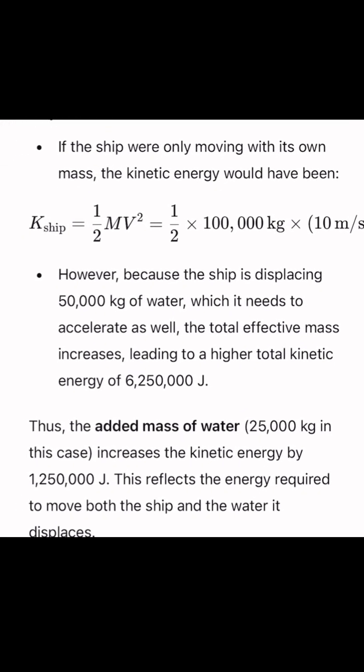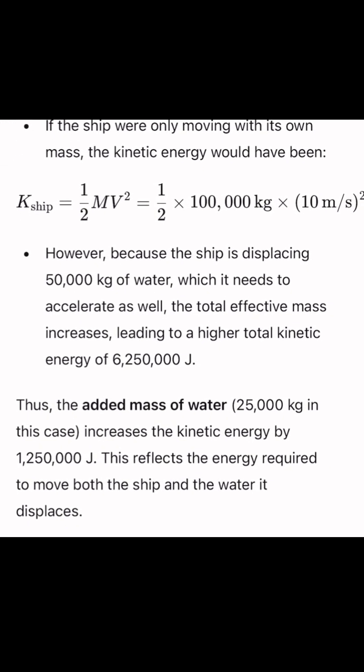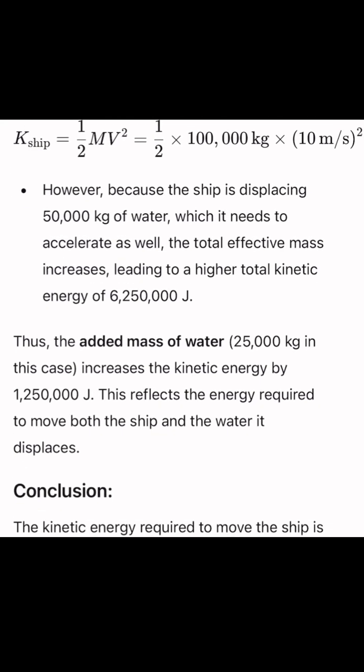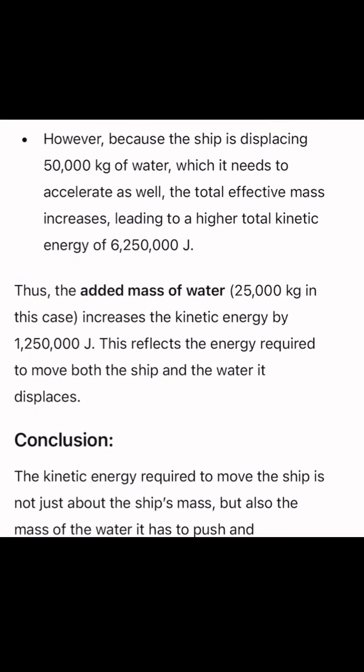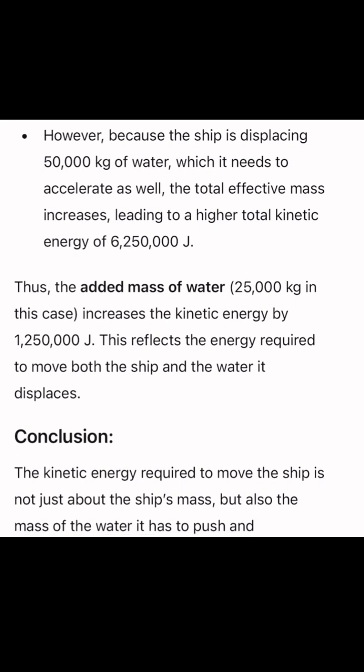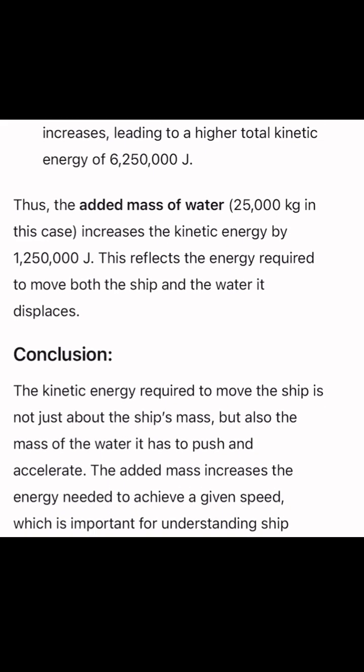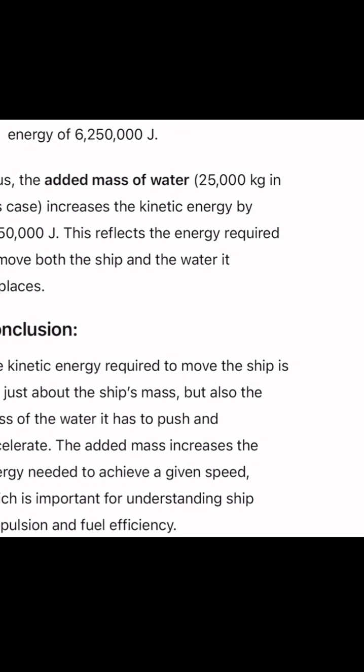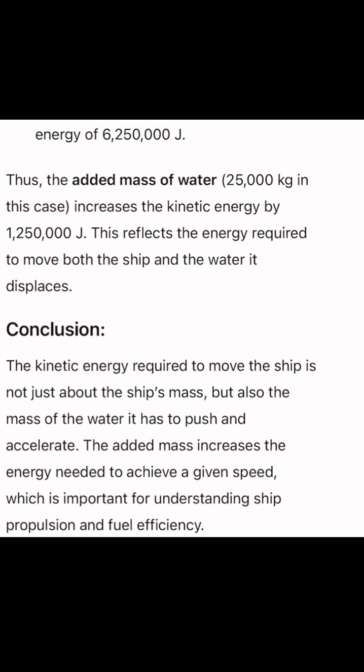However, because the ship is displacing 50,000 kg of water, which it needs to accelerate as well, the total effective mass increases, leading to a higher total kinetic energy of 6,250 megajoules. Thus, the added mass of water, 25,000 kg in this case, increases the kinetic energy by 1,250 megajoules. This reflects the energy required to move both the ship and the water it displaces.